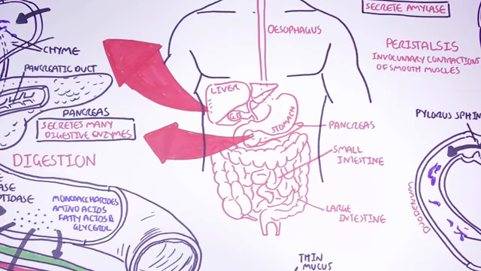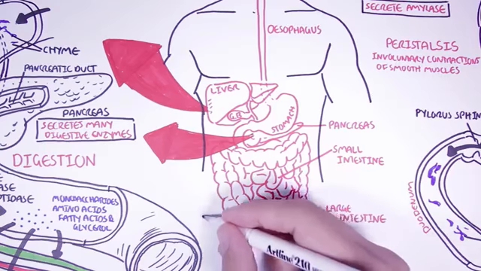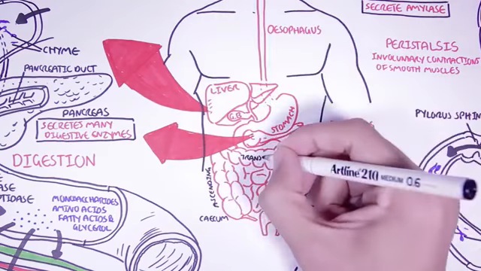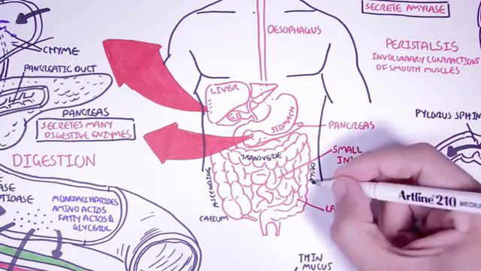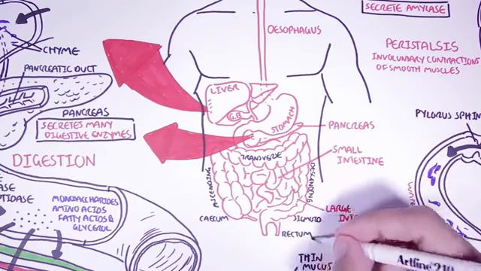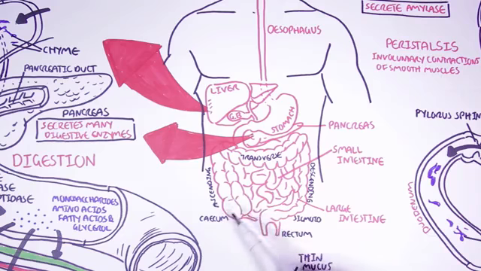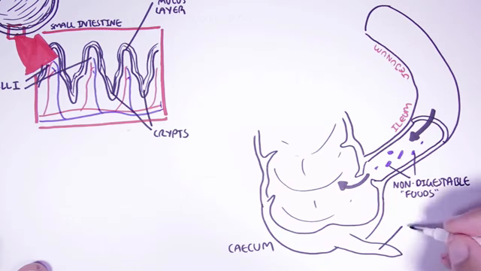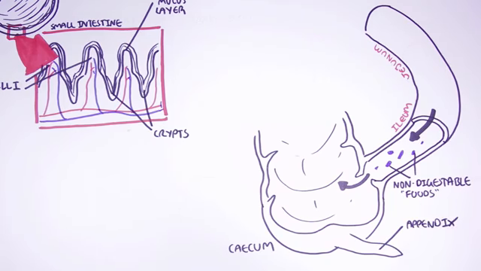The large intestine is divided into a few sections: the cecum, the ascending colon, transverse colon, the descending colon, the sigmoid colon, and the rectum. There is also the anus region. This pointy bit here is known as the appendix. It has a role in the immune system.